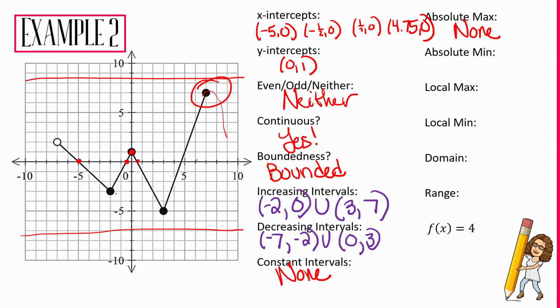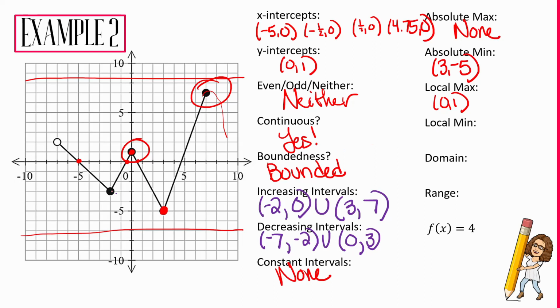There's also an absolute minimum right here, this guy, because he is the lowest point on the graph. So I'm going to say my absolute minimum is at 1, 2, 3, -5. Right here, though, is a local maximum because he is a hill nevertheless. So I'm going to write him as 0, 1 for a local maximum.